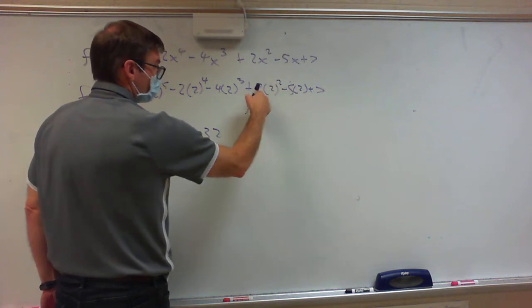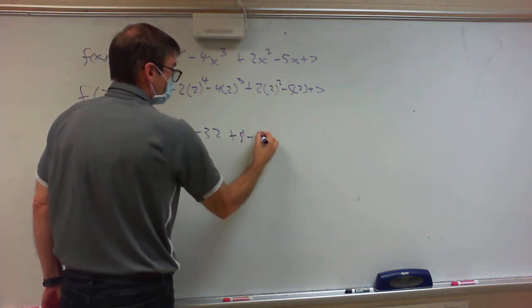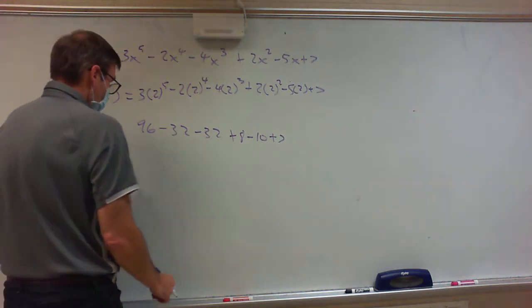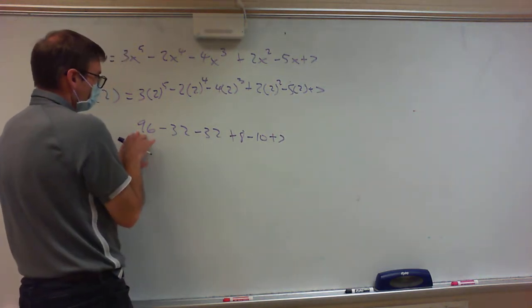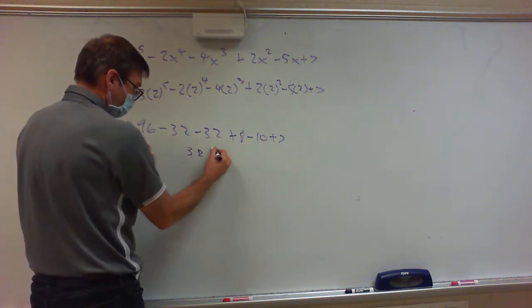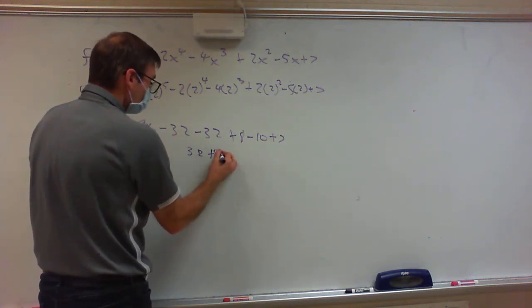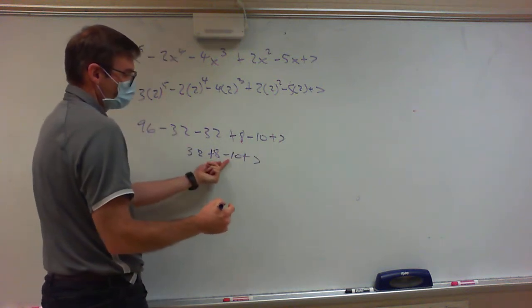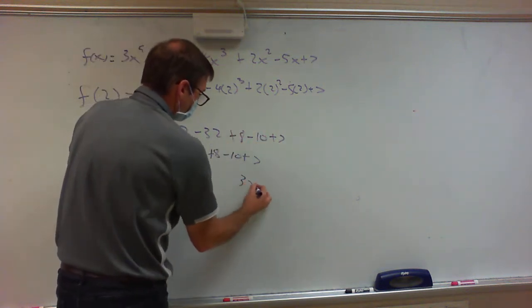That's 4 times 2, which gives me a plus 8, minus 10, and plus 7. All right, let's see. 96 minus that is going to give me 32. Plus 8 minus 10 plus 7, so 40 minus 10 is 30 plus 7 gives you 37.